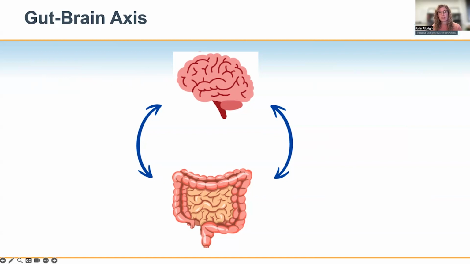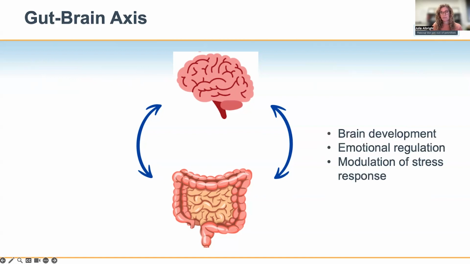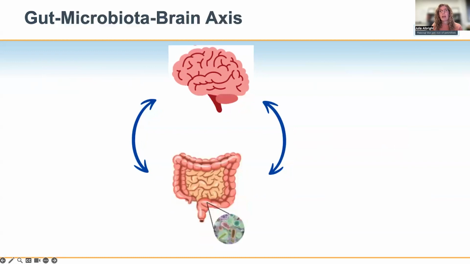Germ-free rodent studies indicate that the microbiota is critical for brain development, emotional regulation, and stress response, in other words, resiliency in the face of stress. The microbiome has been shown to be a critical mediator in these effects, so much so that most researchers now call this the gut microbiome brain axis.